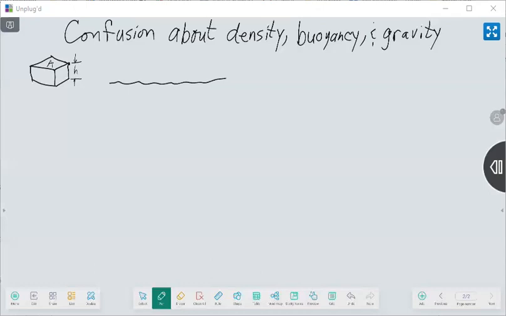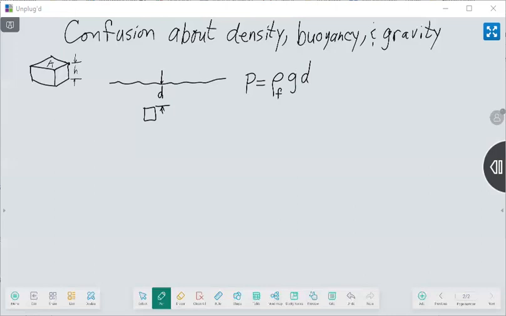We know that at some depth, D, the pressure at that depth is equal to the density of the fluid, call that rho sub F, times G times the depth. Okay?